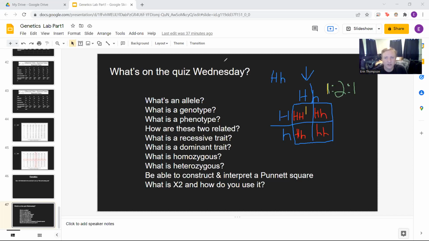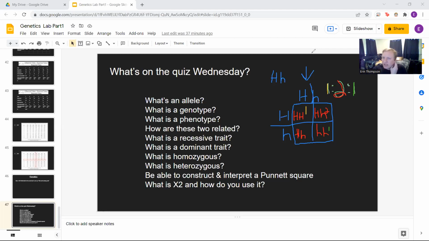We have 2 heterozygous. Probably shouldn't use red, but that's okay. And then we have 1 homozygous recessive. So we have a 1 to 2 to 1 genotypic ratio.